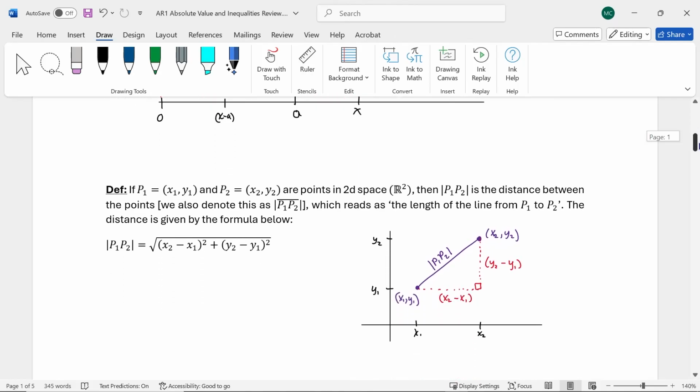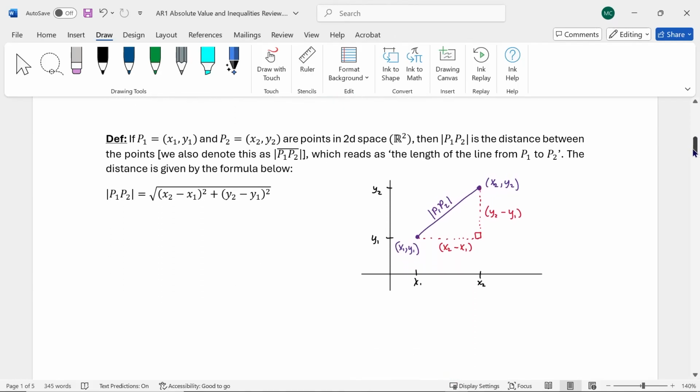All right. Now let's go ahead and move on, and we're going to just briefly touch on this idea in multiple dimensions, right? So we can often denote distance in 2 or 3 dimensions with the absolute value as well.